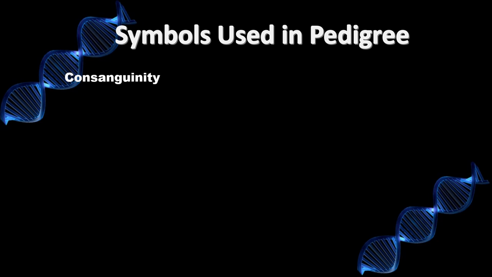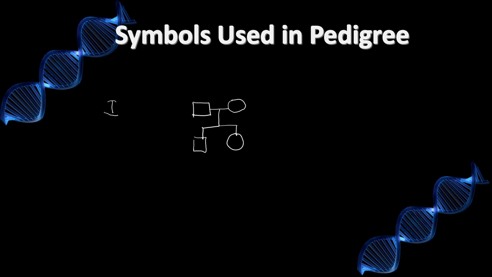Okay, so now how it is represented will be shown here. A father and a mother of the first generation. Then they will have two children, a son and a daughter.